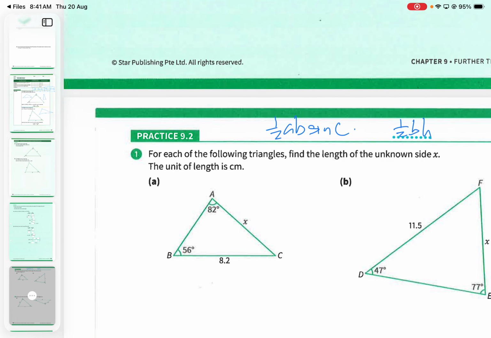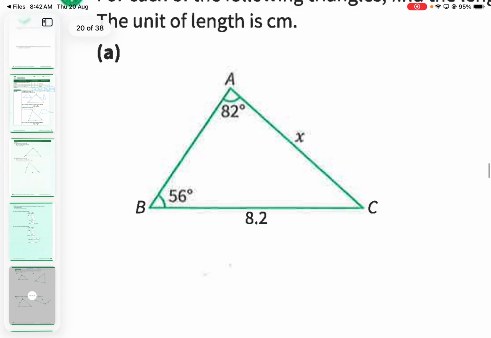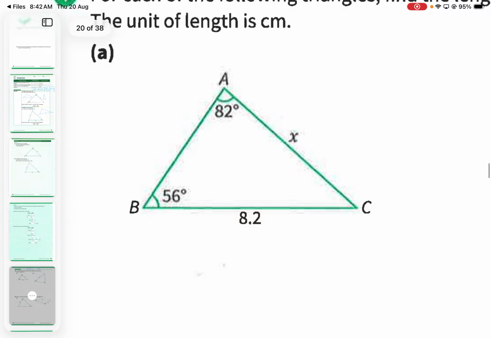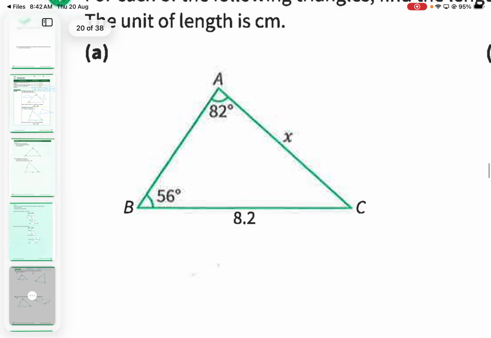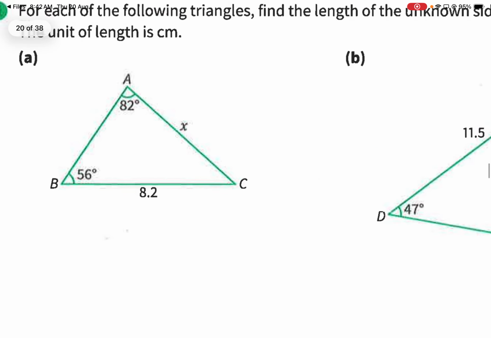When I go to half ab sine C, I don't need a 90 degree anymore. Same with Pythagoras, which needs a right angle. But if I don't have a right angle triangle, the next thing I must think of is sine rule, because sine rule is the easiest after Pythagoras.